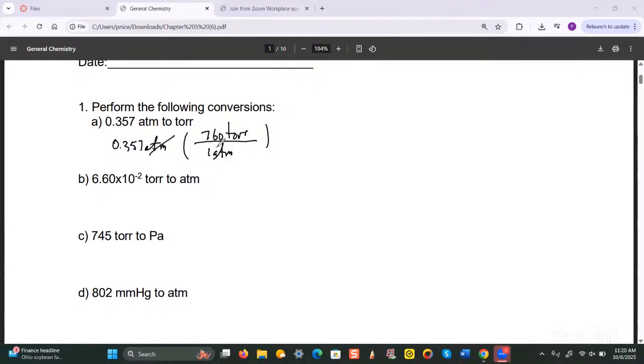So it's all a matter of doing the calculation: 0.357 multiplied by 760, which works out to be equal to 271 torr. That's basically how that is done.